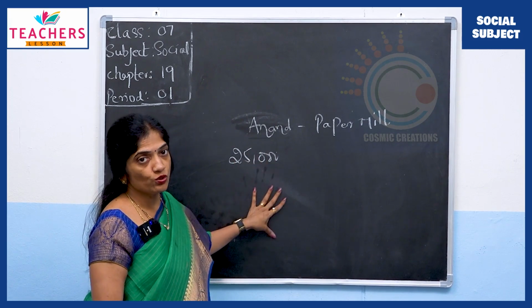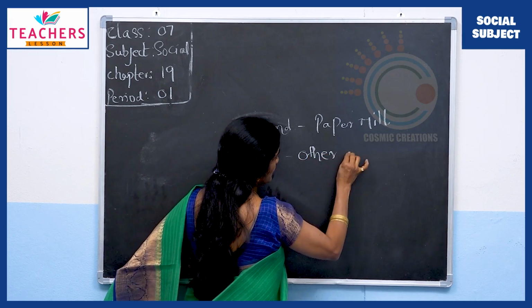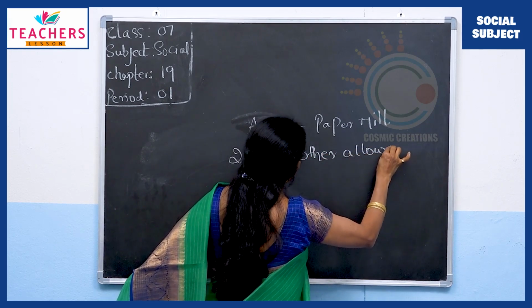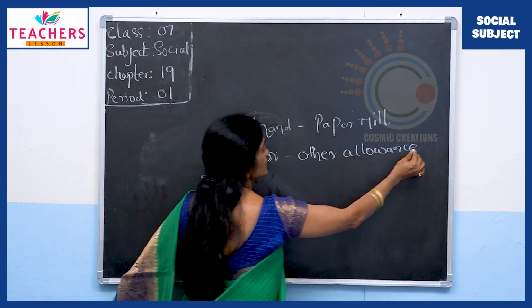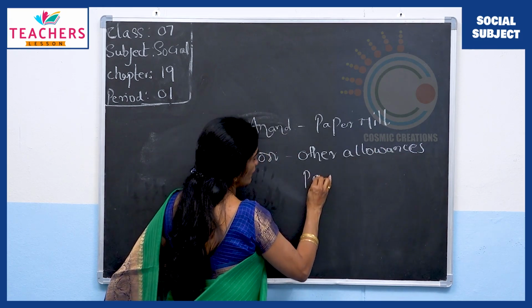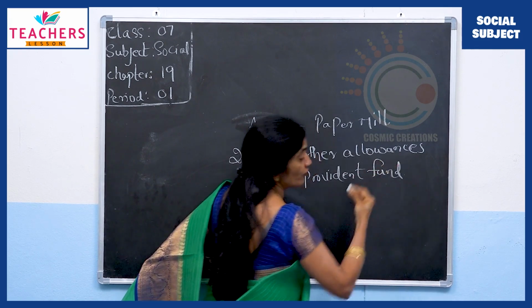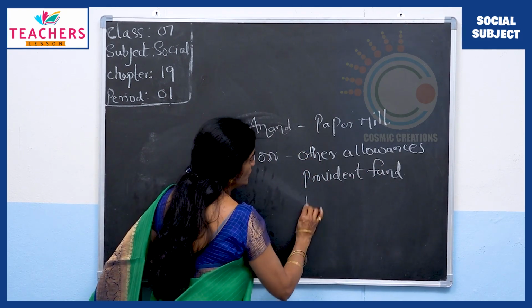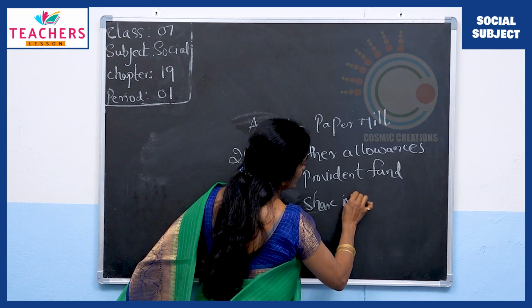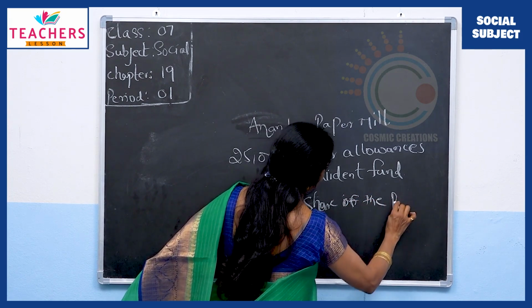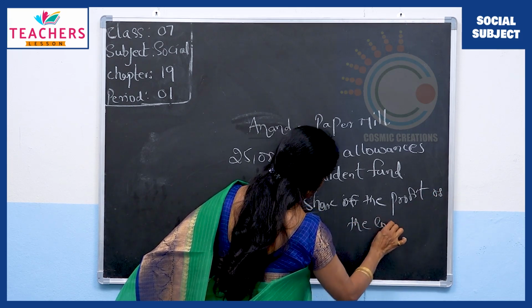In addition to his salary, he is getting all other allowances like house rent allowance, health insurance and so on, all allowances along with provident fund, and at the same time the share of the profit of the company.